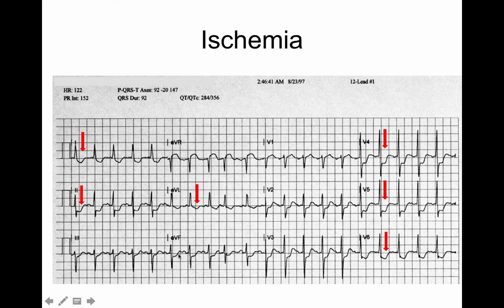Is there some ST depression? Yeah. And I forgot to say, it usually has to be 2 millimeters in length, so it's got to be 2 boxes, kind of big. So I see, okay, septal, I don't see anything there. Some depression here maybe.